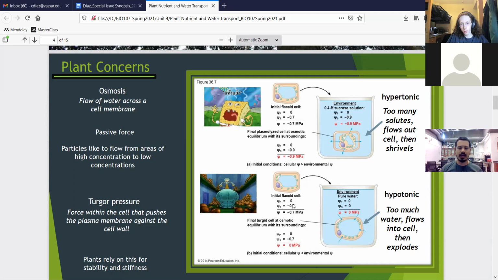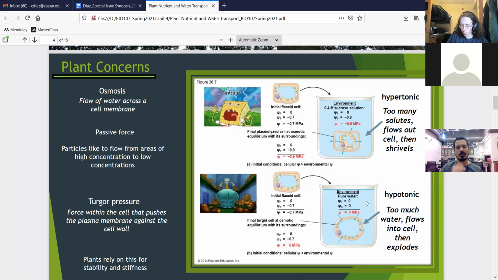And so in this case now, the pressure inside the cell, because, you know, there's salts, there's all these other things in the cytoplasm, is going to be negative 0.7, which is actually lower than the 0 of that neutral water. And so since now the pressure in the water is 0, which is higher, it's going to force the water into the cell. And so that's going to be a hypotonic solution, right?